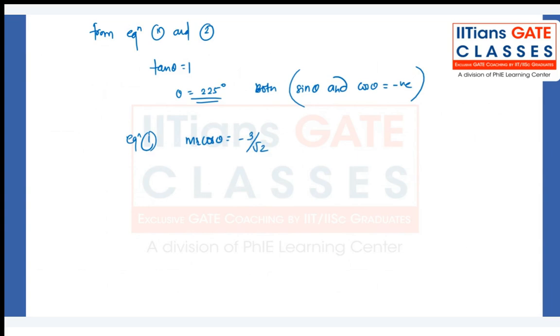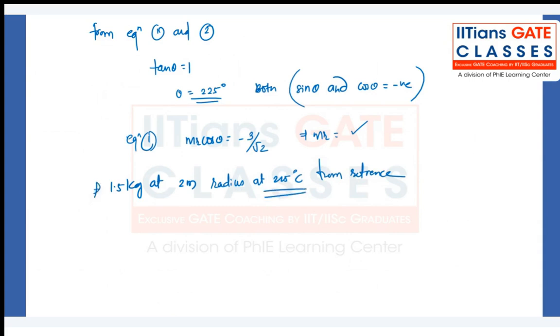So put here the theta value and get the value of MR. So the answer is directly, I'll write, 1.5 kg at 2 meters radius at 225 degrees from reference. Okay, this is the answer.